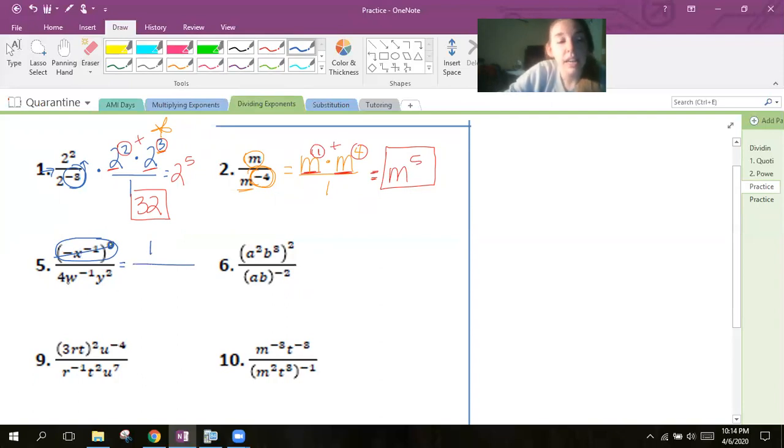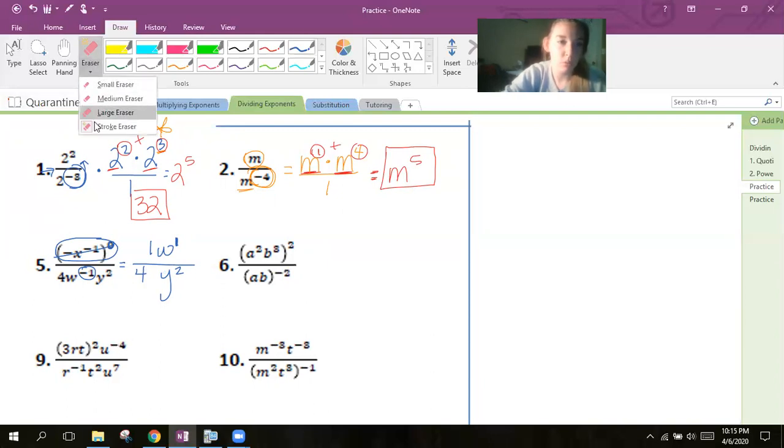All right, next thing I notice is I have this 4, so I can leave that down there, and then I've got w to the negative 1. So since it's a negative, I'm going to move it to my numerator, so that's going to be w to the 1, and then I've got y squared. Okay, so I have 1w divided by 4y squared.